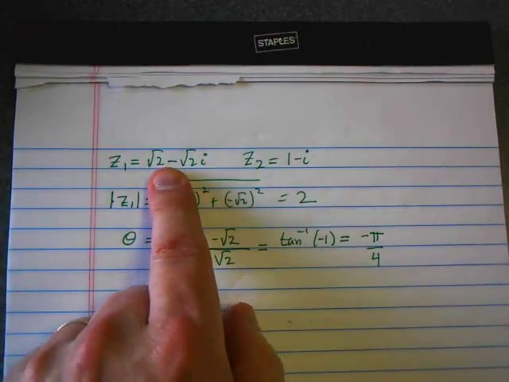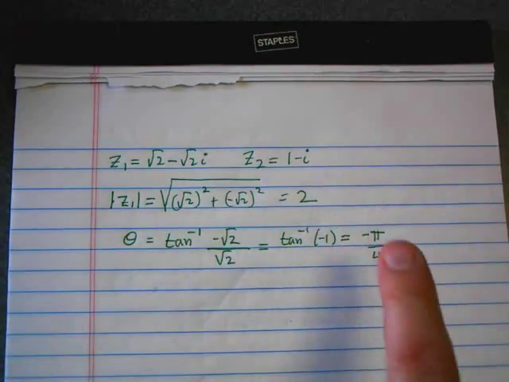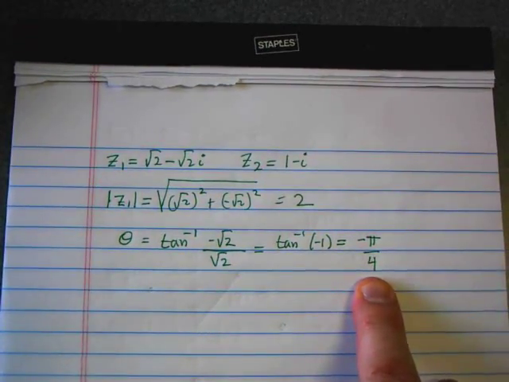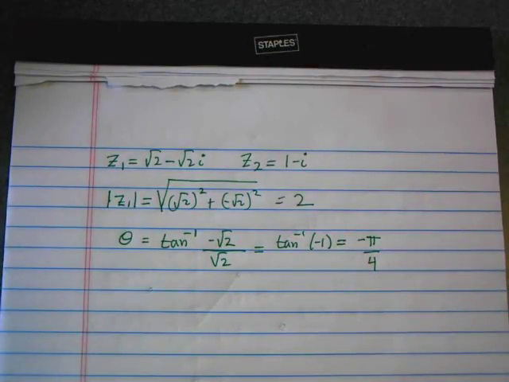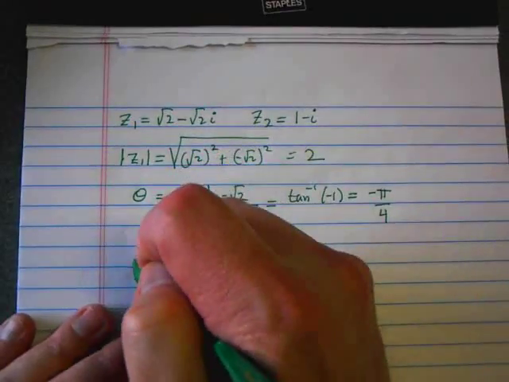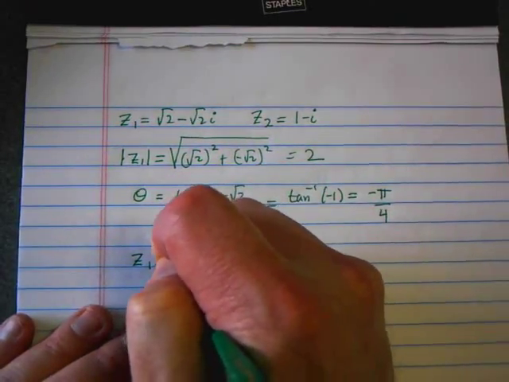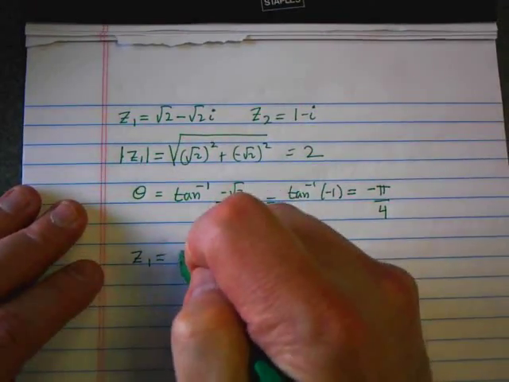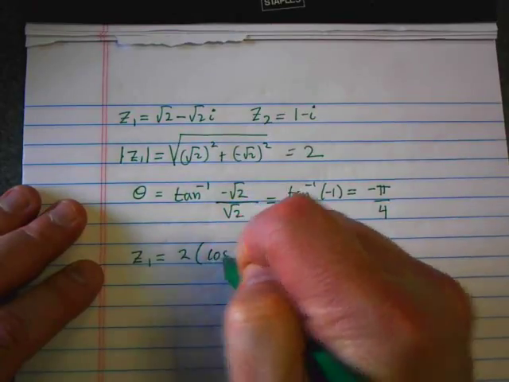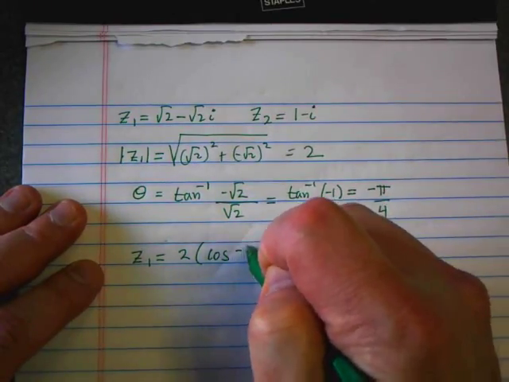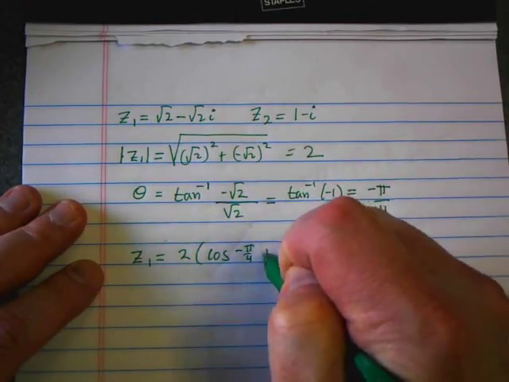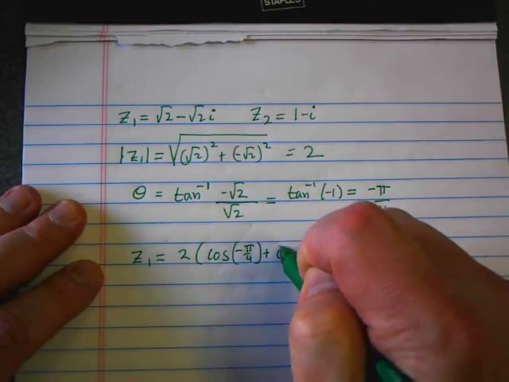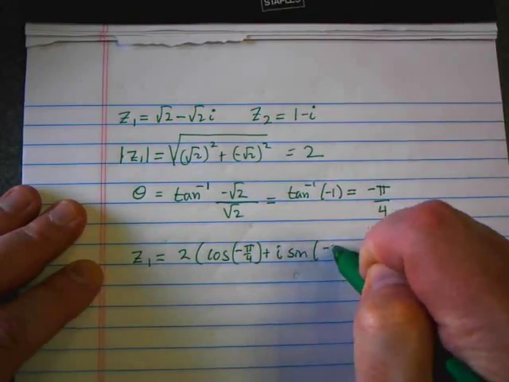If this point were originally in quadrant 2, we would get this same answer, negative pi over 4. We would have to add pi to it. Always make sure you're in the right quadrant. All right, so Z1, I can write Z1 as 2 cosine negative pi over 4 plus i sine negative pi over 4.